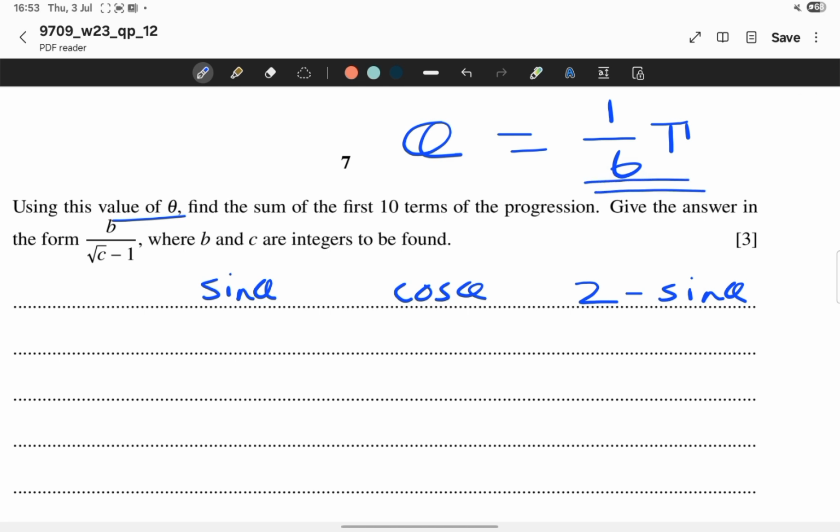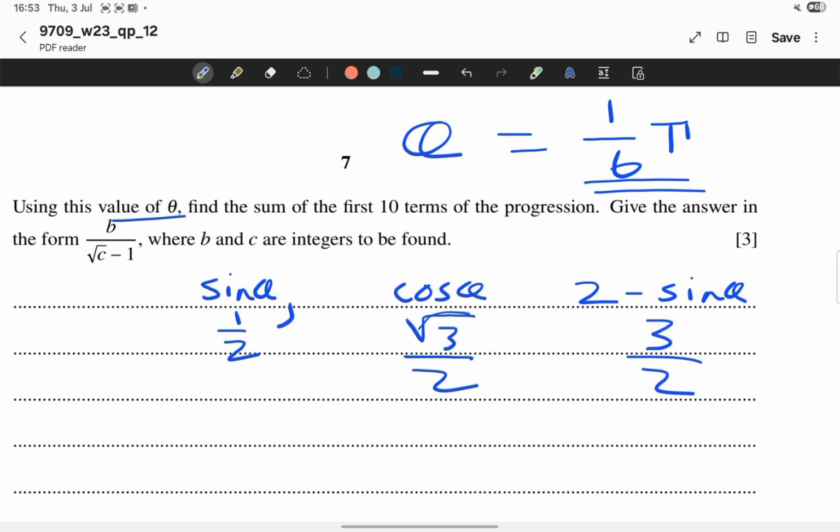So sine 1 over 6 pi is half, and cos 1 over 6 pi is root 3 over 2. 2 minus sine 1 over 6 pi should give us 3 over 2.